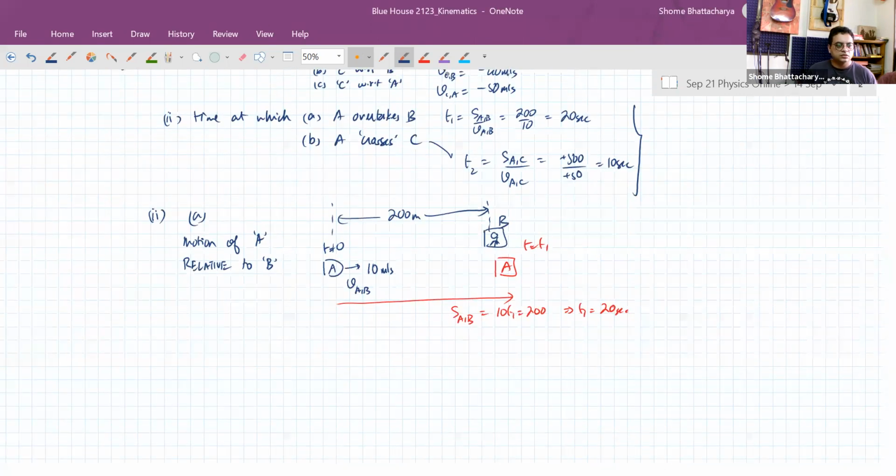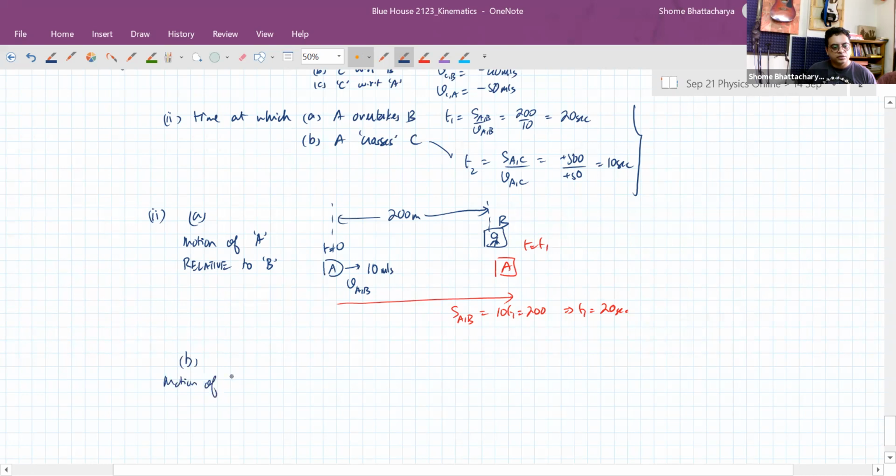Now similarly, when I look at the B part, if I look at the motion of A relative to C now, that's also something very interesting. A has a velocity with respect to C in this direction of how much? 20 plus 30, right? 50 meters per second.